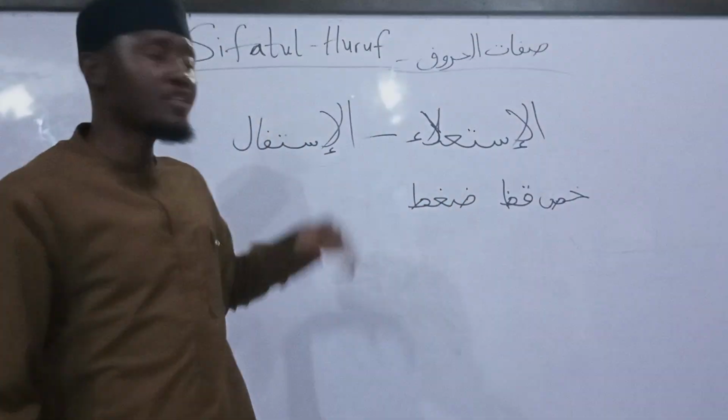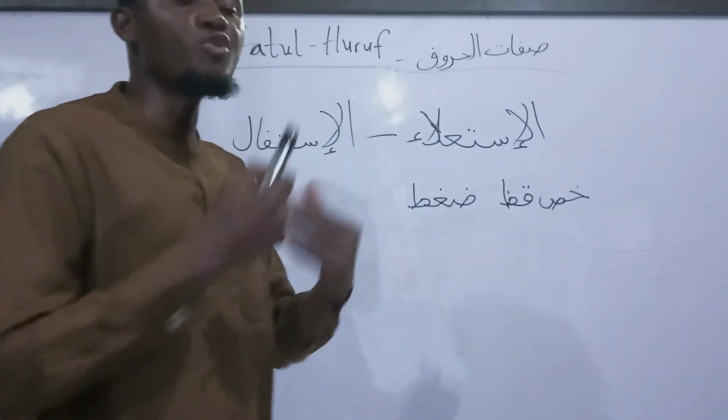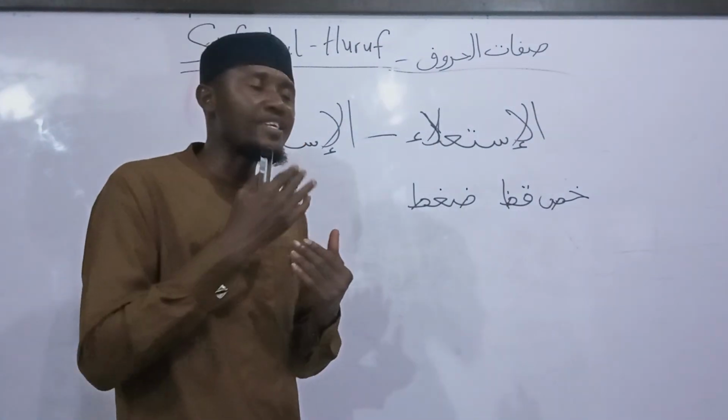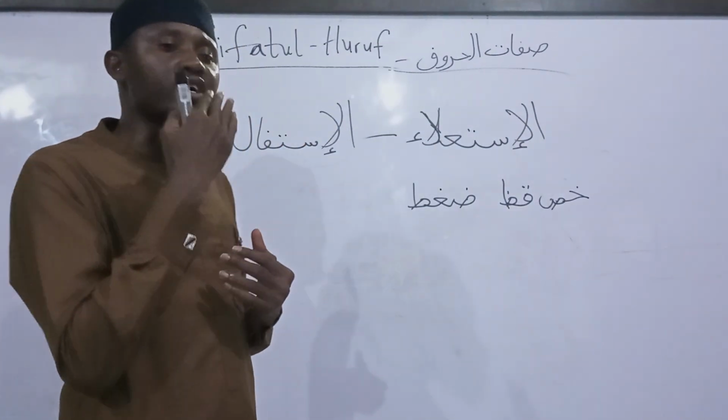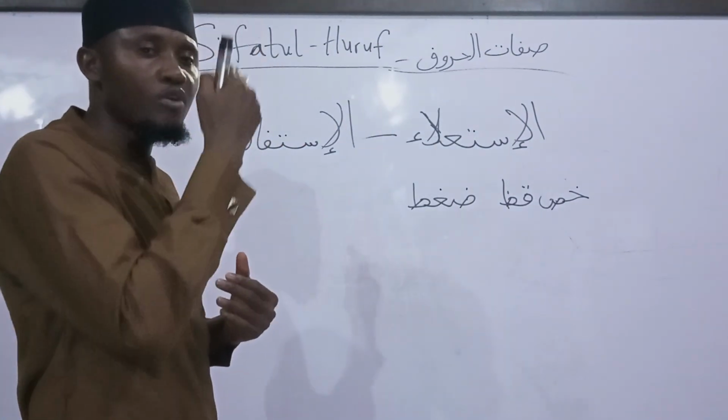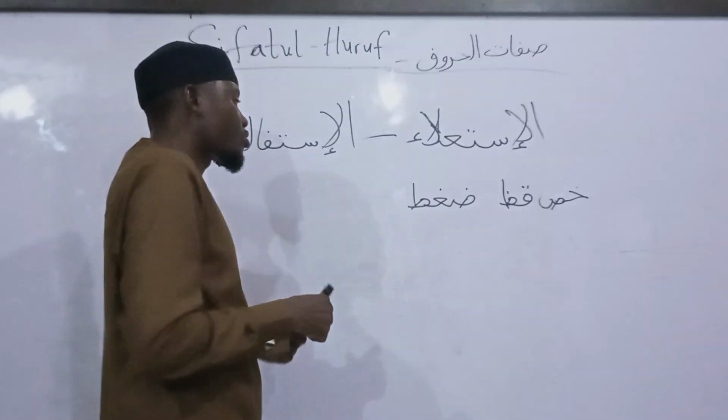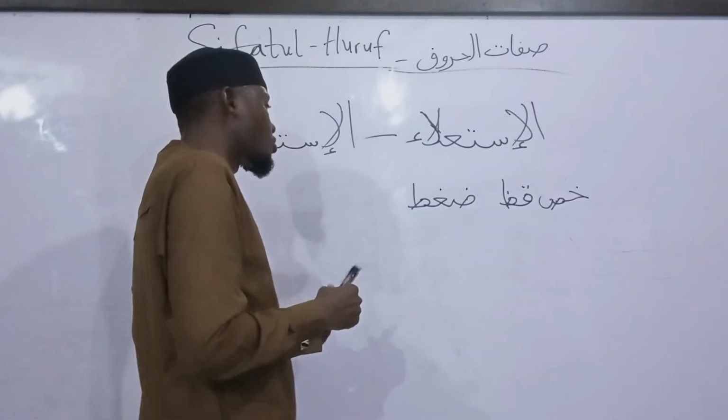So these 7 letters are the letters that when you pronounce them, you will notice that the end of the tongue is going up. So the sound is also going up along with it.